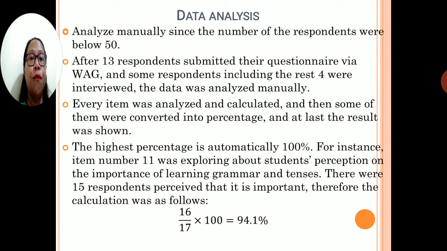So it should be 15 respondents divided by 17 times 100 equals 94.1%. That is the way I calculated and analyzed the data.